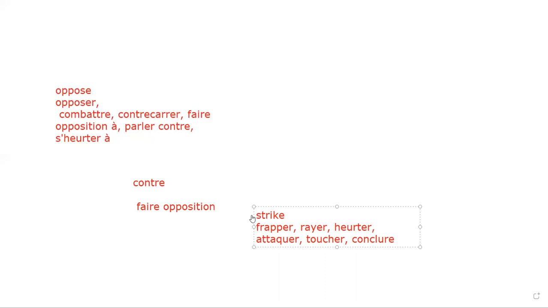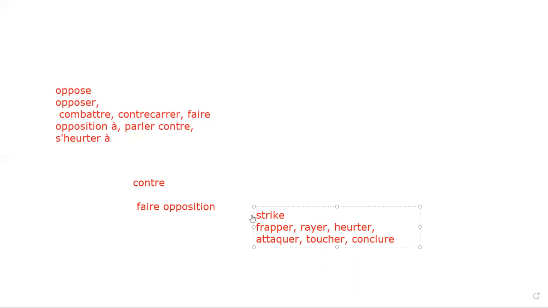Rayer. Heurter is to strike also. To strike, in terms of to strike the situation. Attaquer is to attack. Attack the situation. Toucher is to touch. To touch the situation.